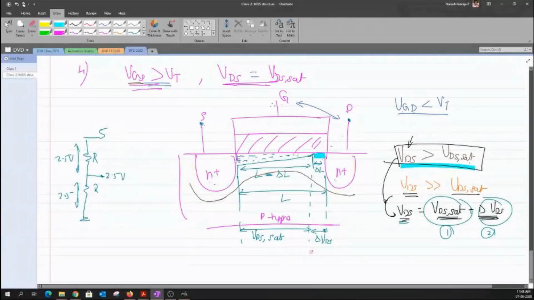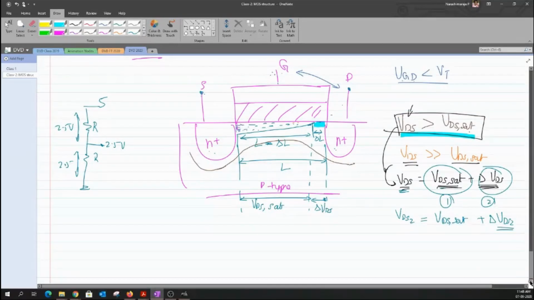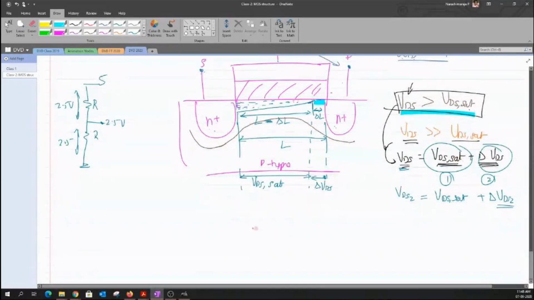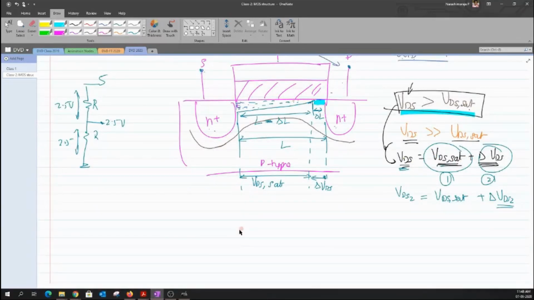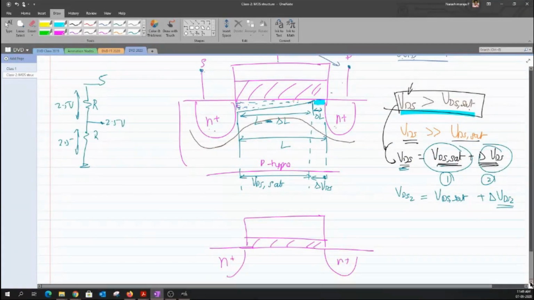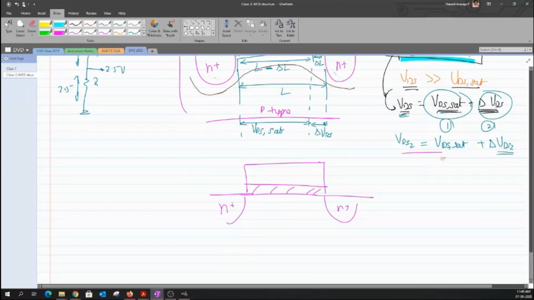And when I look carefully, as I raise the value of VDS by a step, let us consider that I am increasing it by a proportion, due to which I have a higher potential across my VDS2. Now I have to redraw it again. I'm talking about this condition where the value of VDS2 is higher than the previous VDS, by delta VDS.